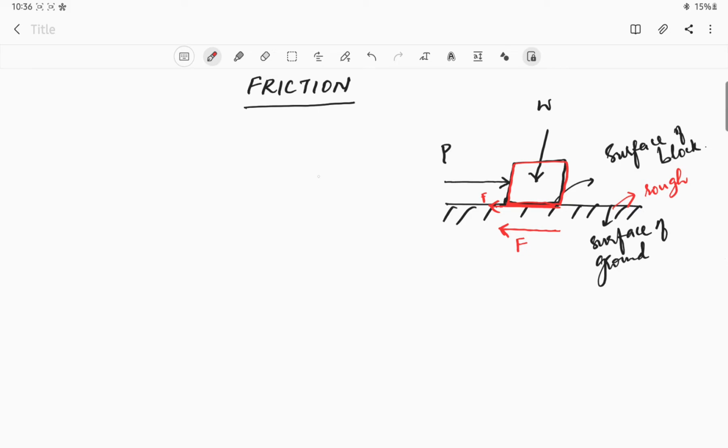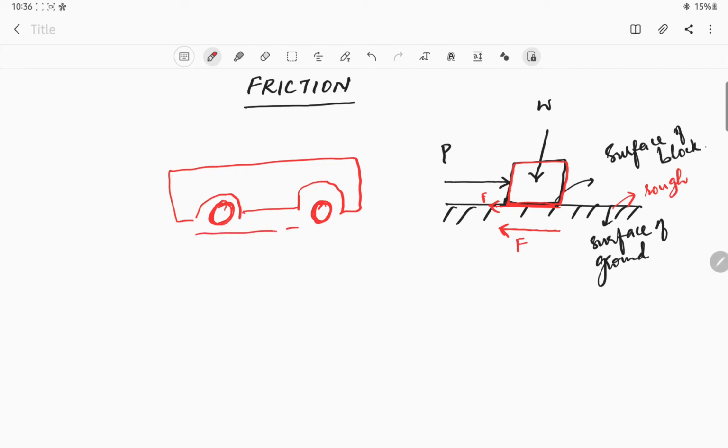Another example is tires. A vehicle will have tires, and those tires have some grip, which is nothing but a rough surface to get friction between the road and the tire.